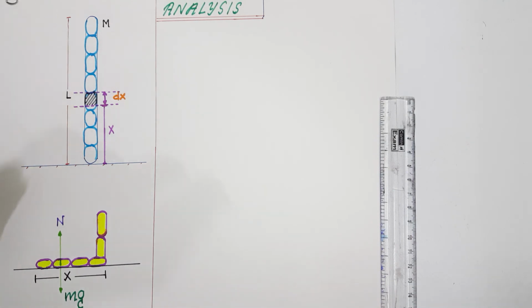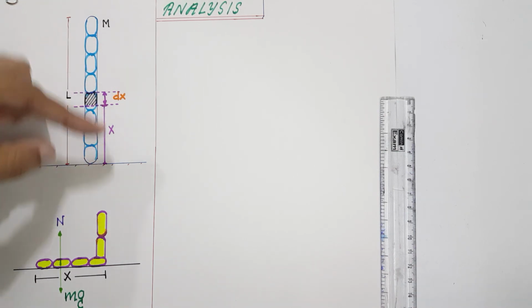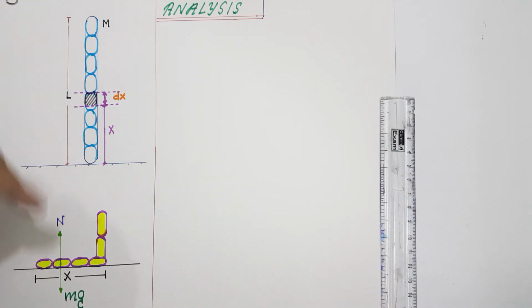Question is, how much force does the chain exert on the floor when a length x of the chain lies on the floor? So that pretty much describes the question.